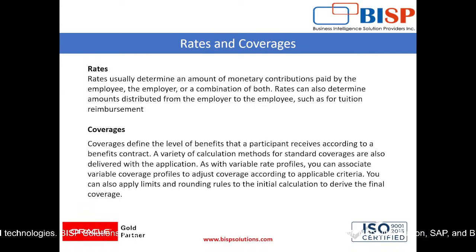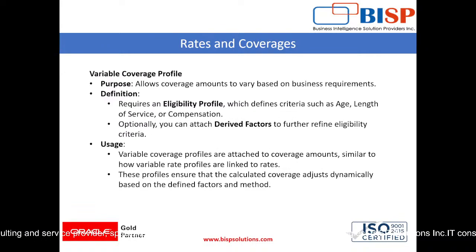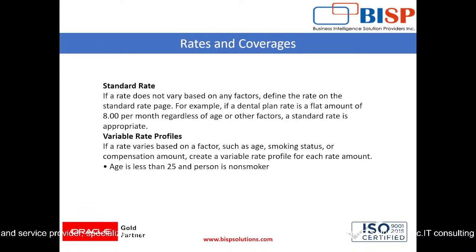There will be a specific amount assigned for a coverage, and that will be provided to the participant. In this you have standard rates and variable rates profile. Standard rate is fixed, and variable rates profile is variable based on some criteria.